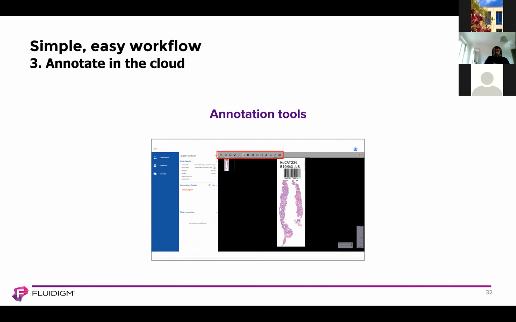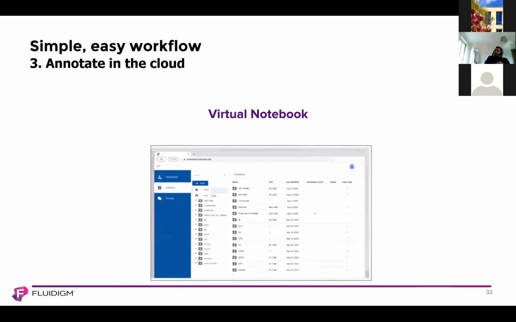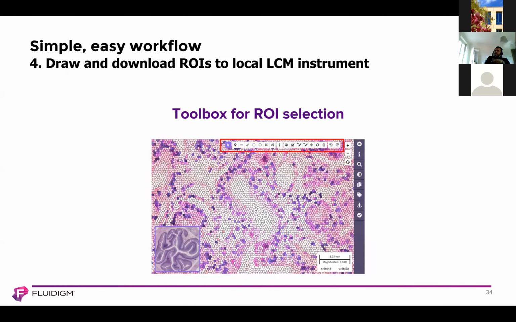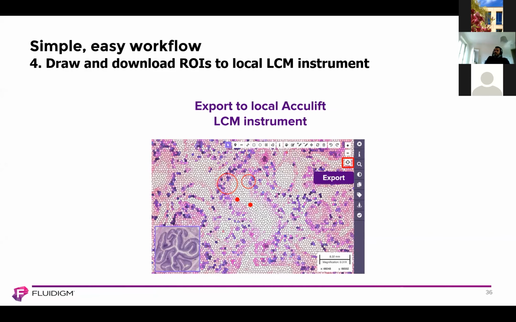And this can be done, of course, offline by a pathologist, so nobody that's anywhere close to the machine itself. And once that's done, all that information can be placed into a virtual notebook in which you can specifically select those ROIs of interest, which can again be either areas or even individual cells.